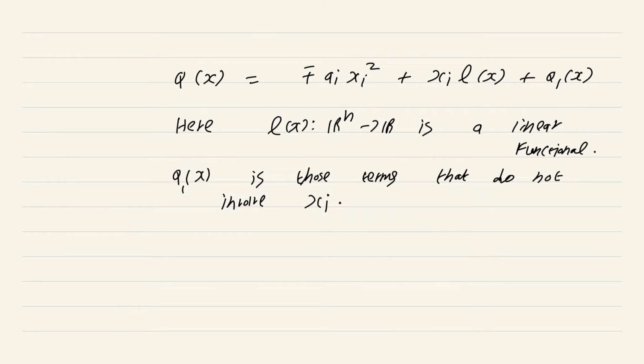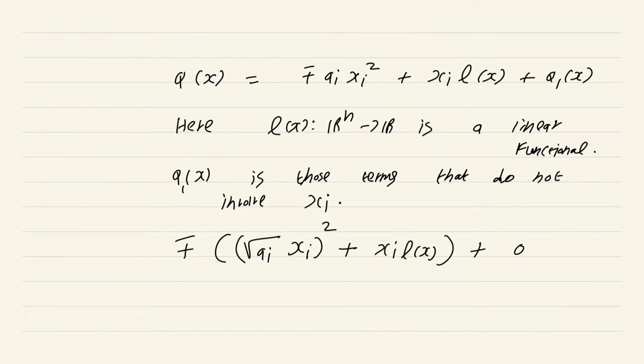Now notice that by possibly replacing L of x by minus L of x, I can club together the first two terms also in the following way. I can write it as plus or minus square root of ai xi, squared, plus xi L of x plus q1 of x. To do this, I might have to put a minus sign in front of L of x, but that's irrelevant.